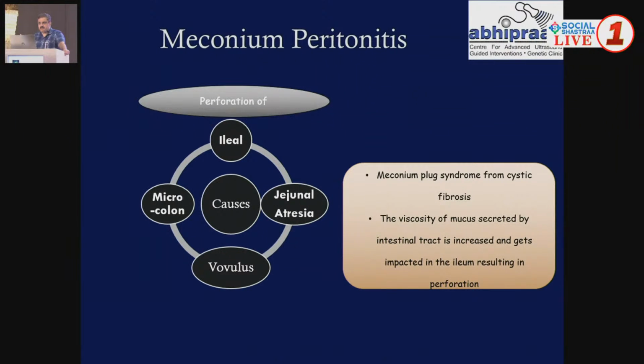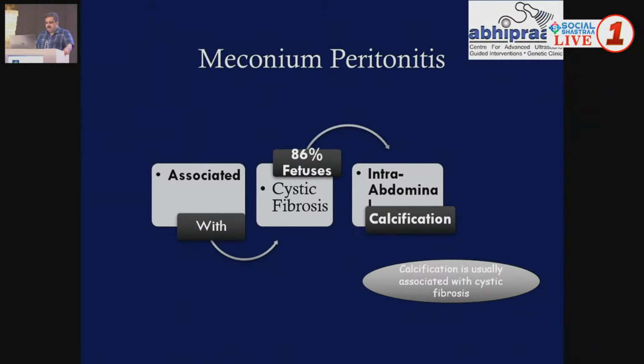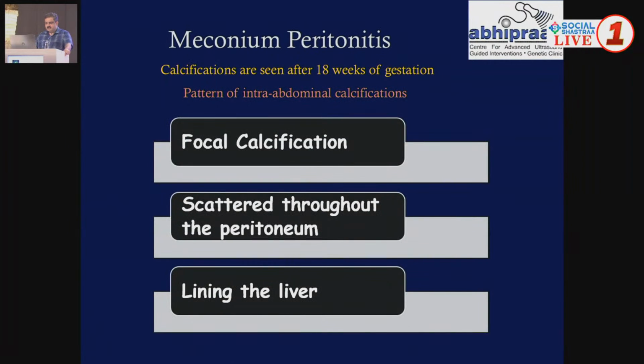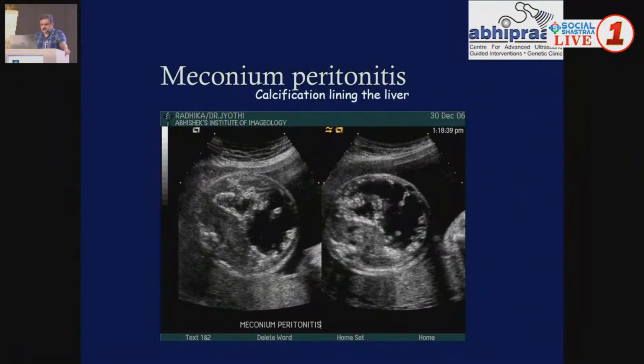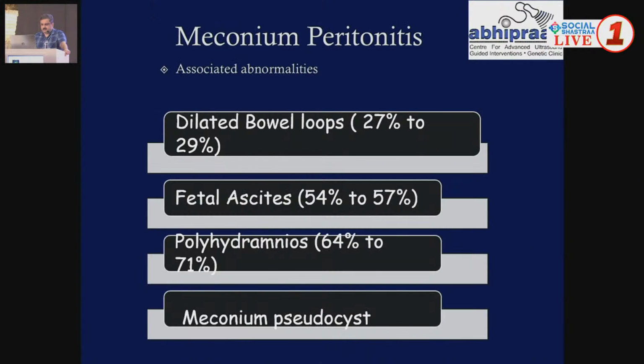That's where the meconium plug gets stuck, and that leads to dilatation and eventual rupture. So when you have cystic fibrosis, 86% of the time, you will have a rupture and intra-abdominal calcifications. And depending on whether they are focal, they can be scattered throughout the peritoneum, or they can be seen underlying the surface of the liver.